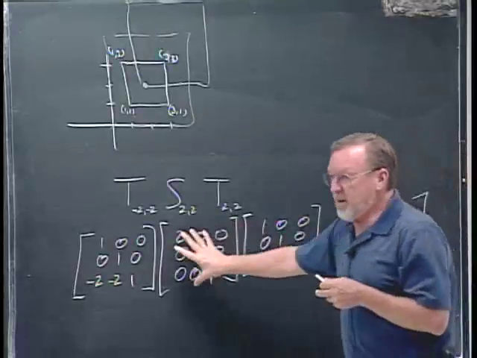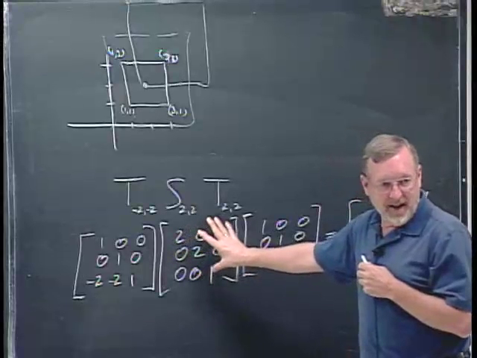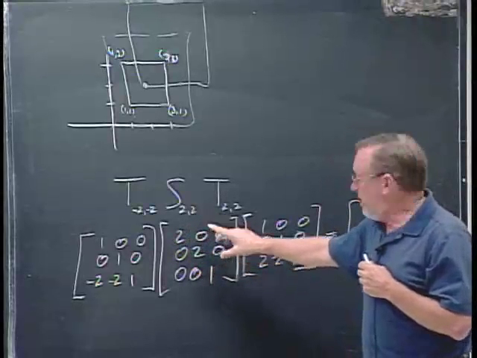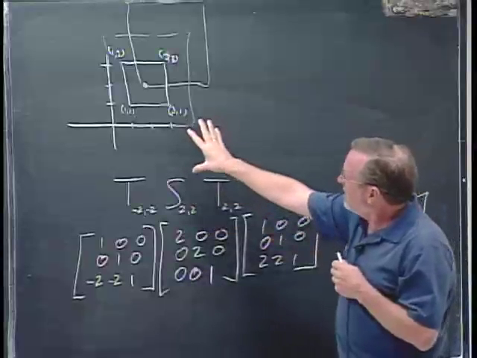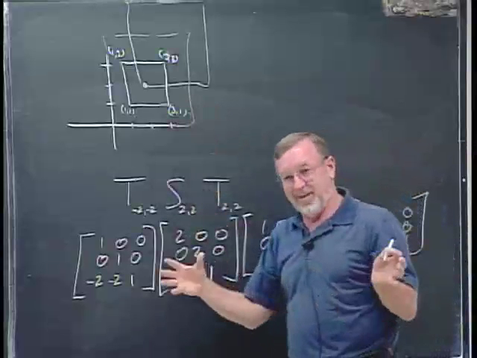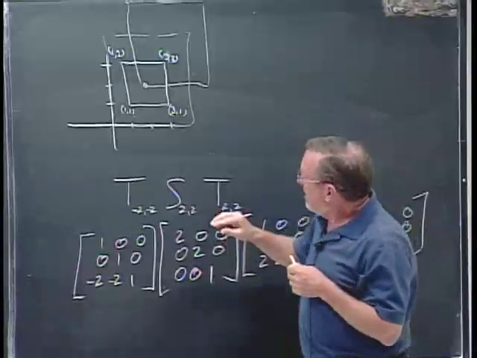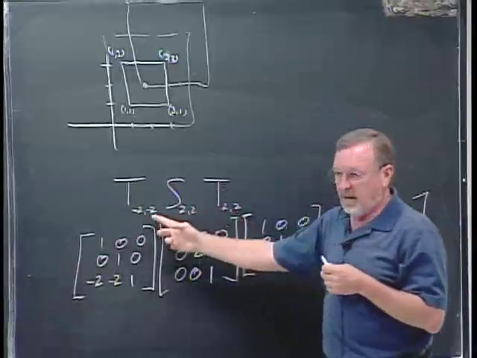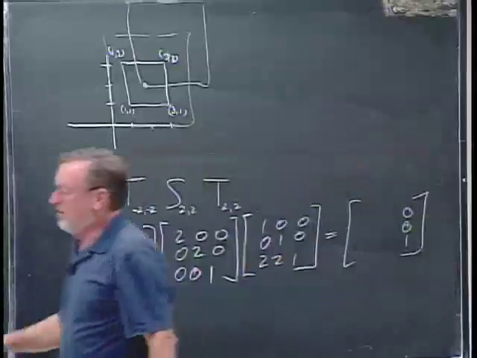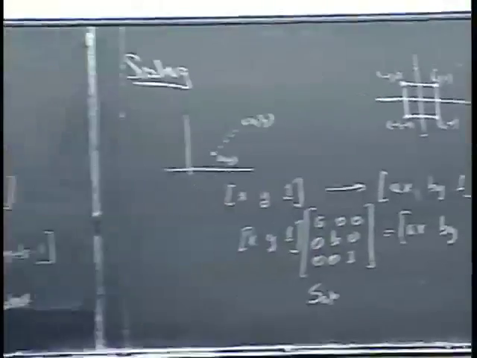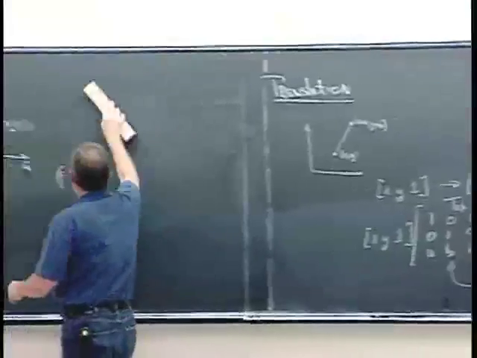So this is the way we use these guys, scaling and translation. Scaling we don't do too much, but we've got to fit things in. And we use translation a lot, and we use rotation a lot, which I'll do now. Now rotation takes a little bit of work.